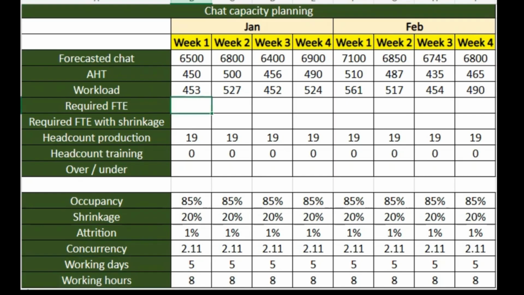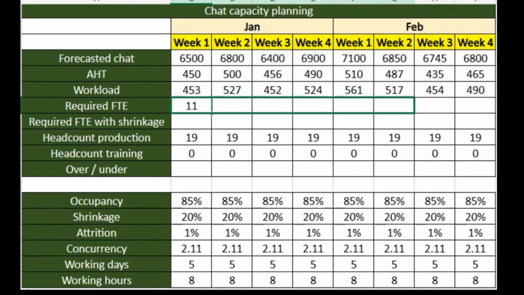So the calculation is 453 divided by bracket open working days 5 multiplied by working hours 8, which gives the required FTE of 11.